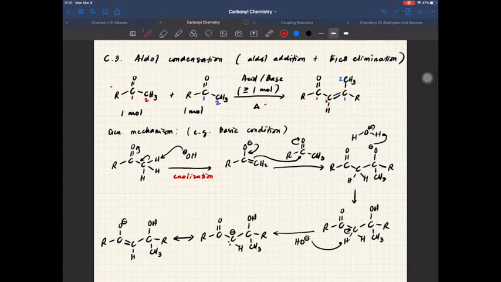So what happens here is that the first step, suppose we have a basic condition, is enolization. Bronsted base will abstract the alpha hydrogen to form an enolate, and this enolate will react with an electrophile. The enolate is our aldol donor, the electrophile is the aldol acceptor, and this will produce an alkoxide intermediate which will abstract a hydrogen from a hydrogen ion source to yield the alpha hydroxyketone product.